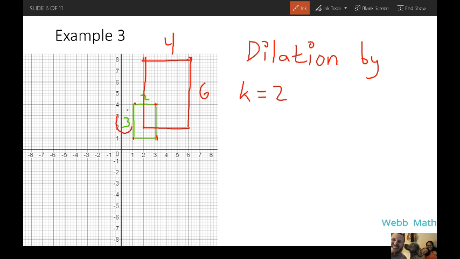So this 3 became a 6 because 3 times 2, right? This width was a 2 for the green guy and went through a scale factor of 2 as well and became a 4.